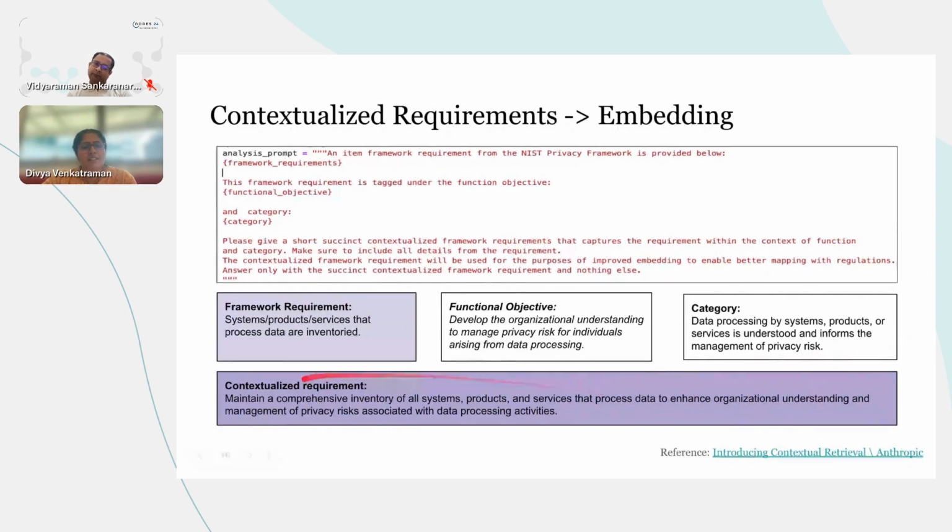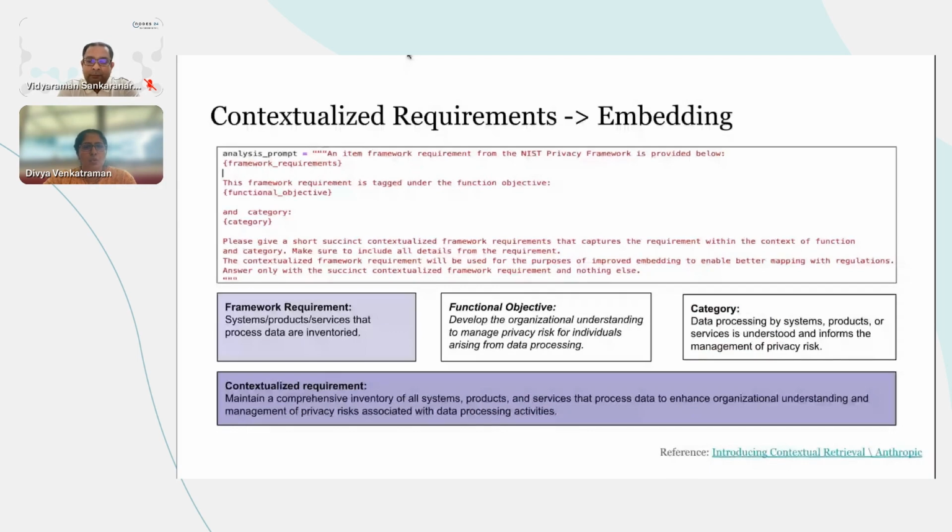So this contextualized framework requirement, as you can see, the original just talks at a very high level: system, product, services that process data are inventoried, right? Whereas here it talks with the objective of organizational understanding and management of privacy risk associated with the data processing, which is the category under which it is.